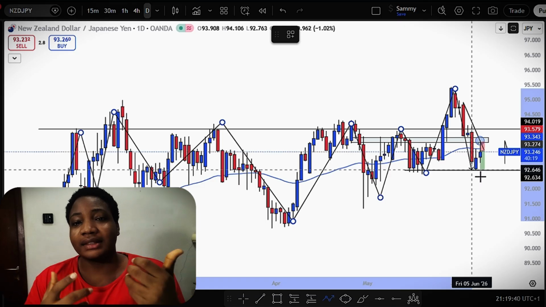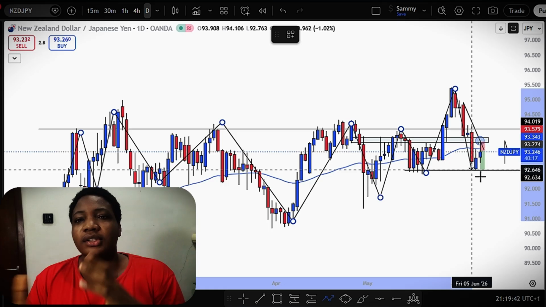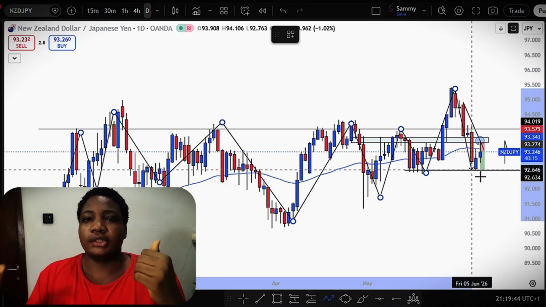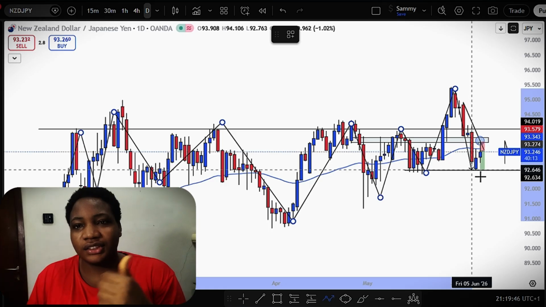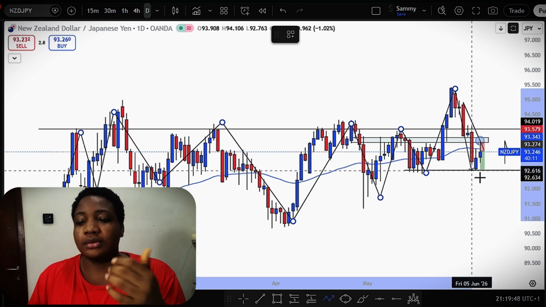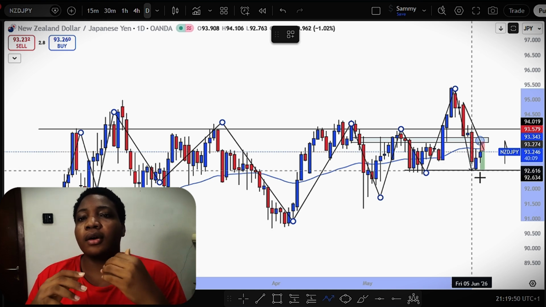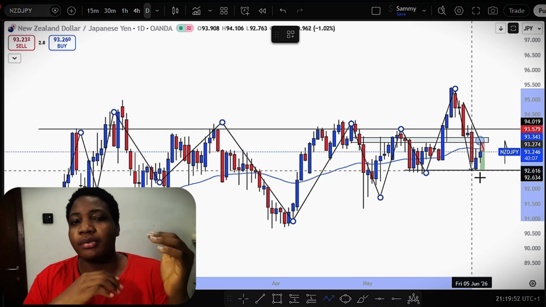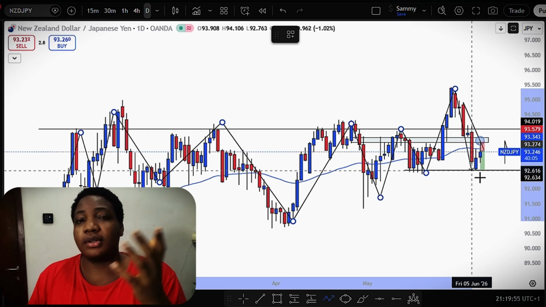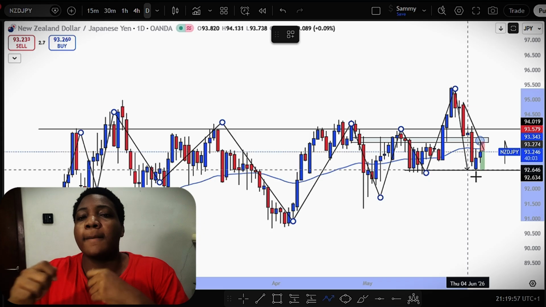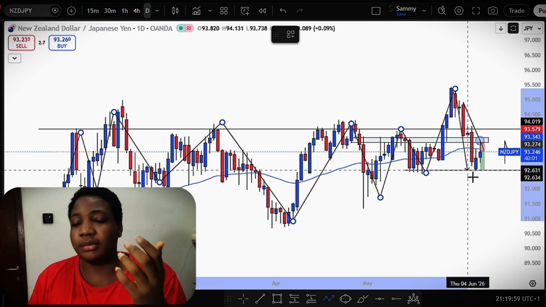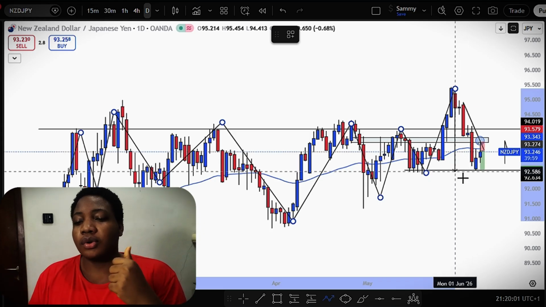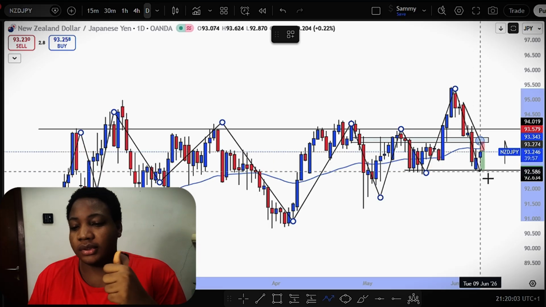I just understand that liquidity is basically an exchange between buyers and sellers, where a lot of action is happening on the chart. That's basically what liquidity is, where a lot of money is exchanging on the chart between buyers and sellers. So I just understand the whole concept of it.